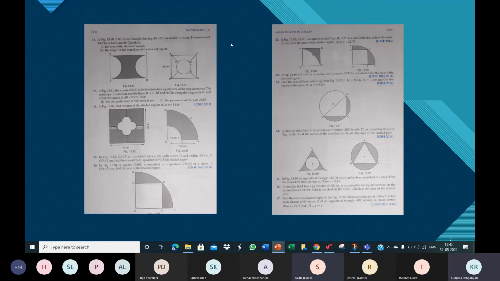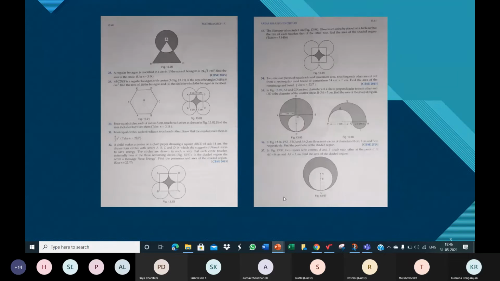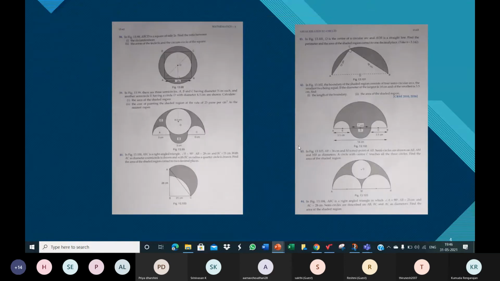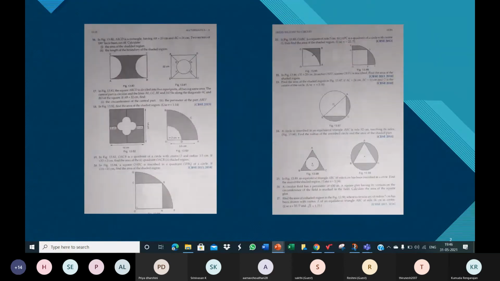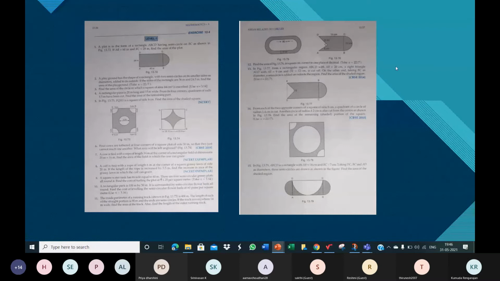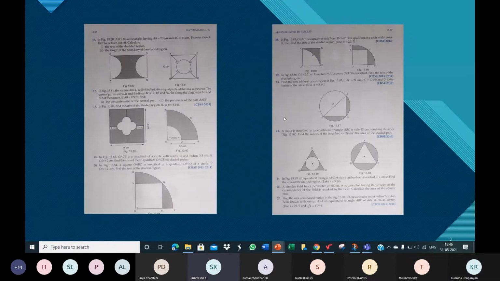Yes, ma'am. Ma'am, what is the area of the track?